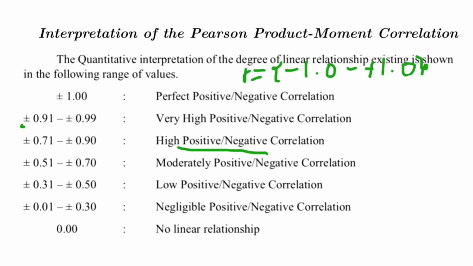Next, positive negative 0.51 to positive negative 0.70, moderately positive negative correlation. Pag positive negative 0.31 to positive or negative 0.50, it is low positive negative correlation. And lastly, positive negative 0.01 to positive or negative 0.30, that is negligible positive negative correlation.